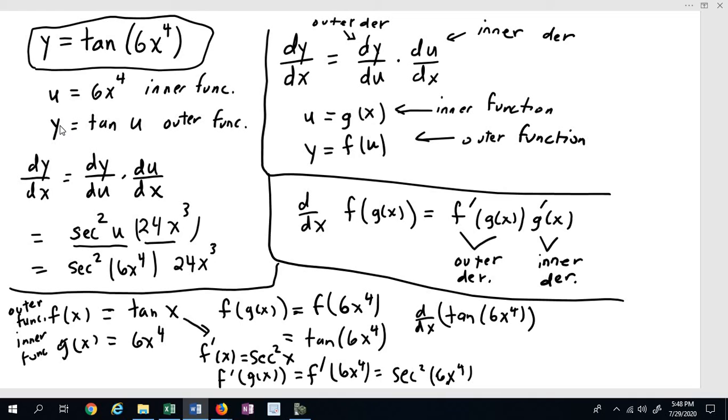And let me erase that. Okay, so now that's the outer derivative. And then now you have to find g prime, the derivative of the inner function. And of course, g prime is just 24x cubed.